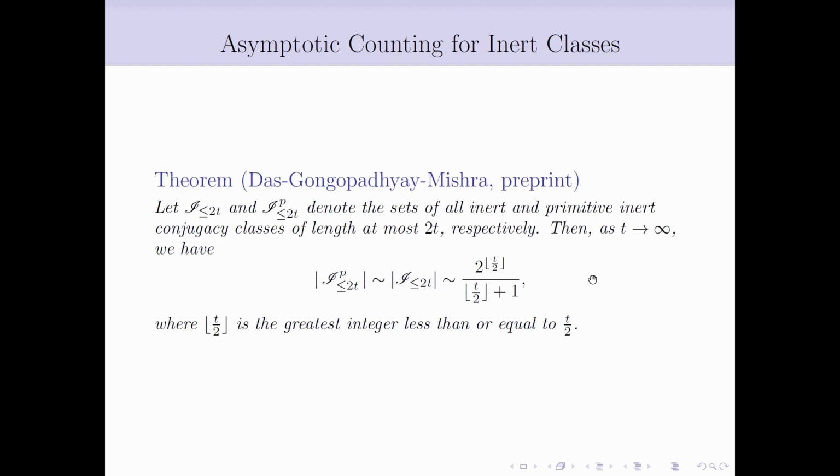Then asymptotically, the number of inert classes of word length at most 2t is this quantity, 2 to the power the greatest integer less or equal to t by 2, divided by the same number plus 1. All right. So this paper is on the arXiv.